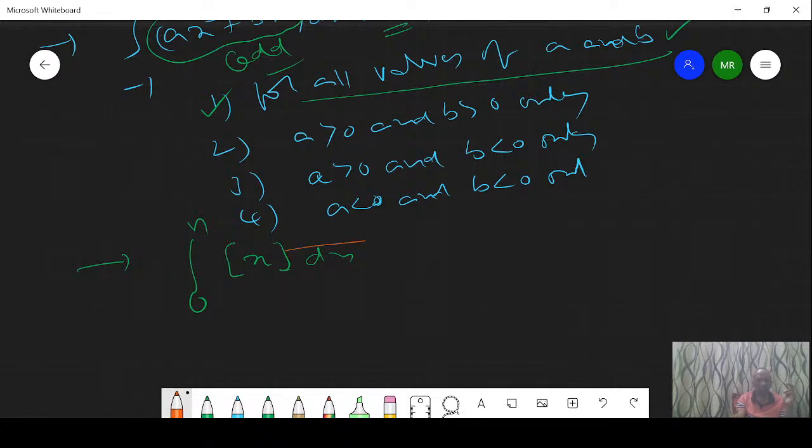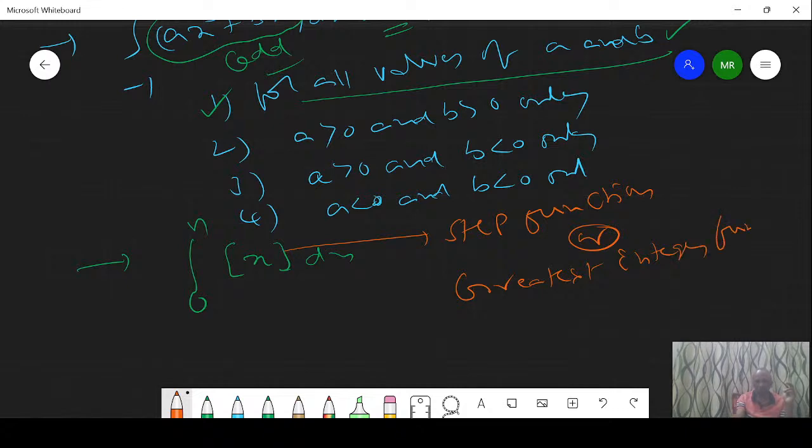Remember, this function is the step function, or greatest integer function. So that is the important concept here: step function or greatest integer function.